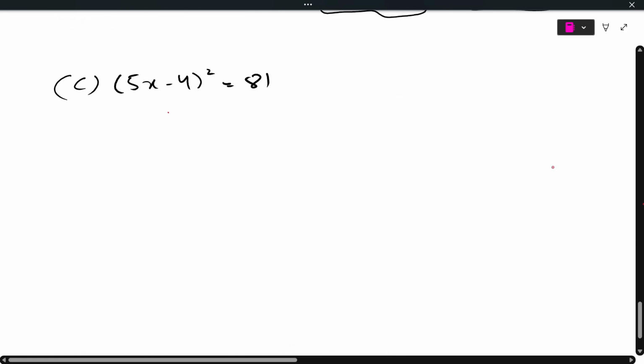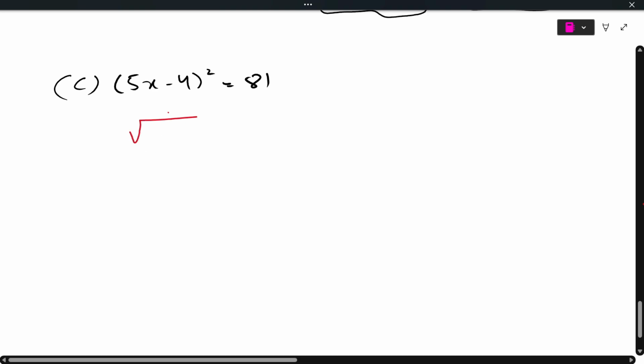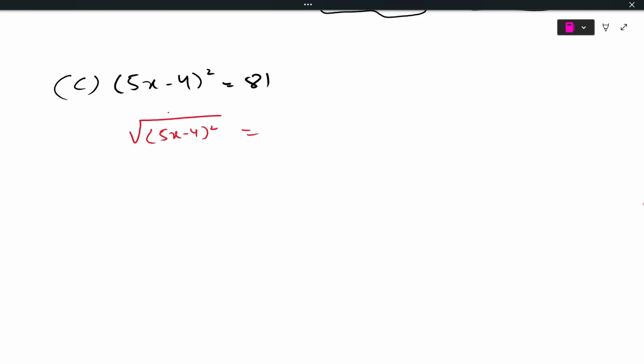This method is that instead of expanding 5x minus 4 whole square with the help of a square plus 2ab plus b square, I'm going to take the square root on both sides, because you see that we have a square, right? So in order to get rid of this square, I'm going to square root both the sides. So that's going to be 5x minus 4, and if I take the square root of 81, that's going to be plus minus 9, correct?